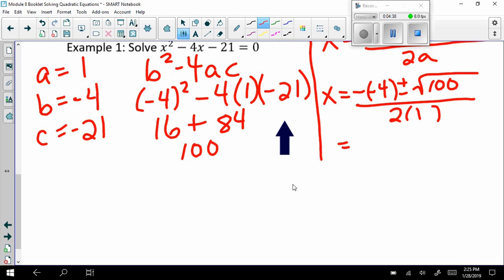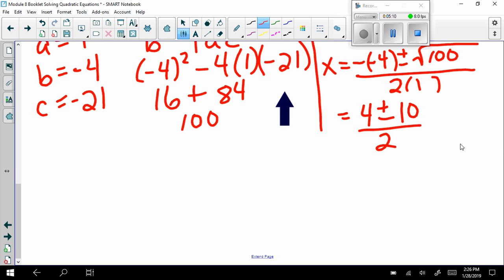Now I'm going to simplify. So negative 4 is a positive 4 plus or minus. Hopefully you recognize 100 as a perfect square. The square root of 100 is 10. Notice that when I take the square root, the symbol goes away. So when I do the square root of 100, I get 10. Not square root of 10, 10. Now, because I've got no irrational part anymore, no square root left, this can be written as two separate expressions. 4 plus 10 over 2 and 4 minus 10 over 2.